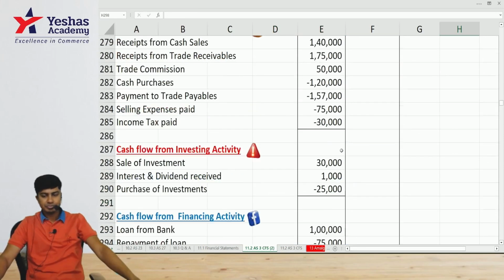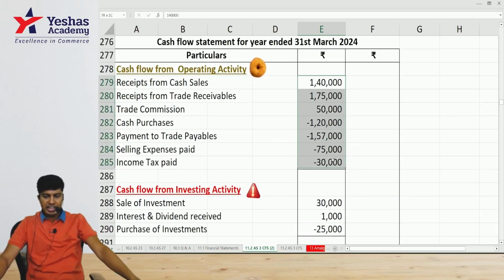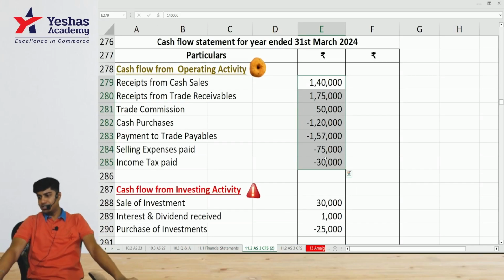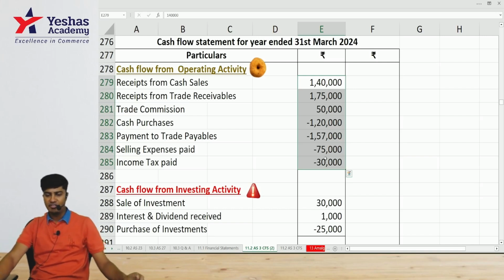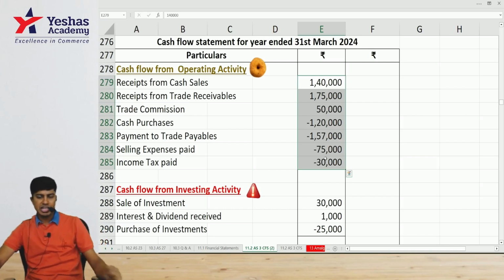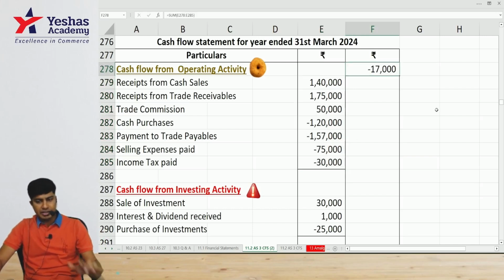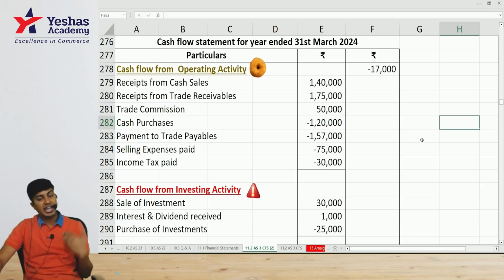Shall we check? Take the total and identify net cash flow from operating activities. How much is net cash flow from operating? 140, 175, 50, minus 120, minus 157, minus 75, minus 30. Negative 17,000. There is net cash outflow from operating activity.